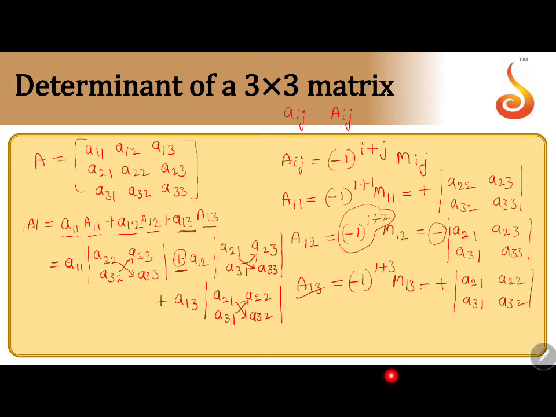In determinant of A, since we have taken first row elements, first element is getting positive sign, next we are getting minus sign, after that again positive sign. So alternate signs are coming, plus minus plus. This is for the first row. If you take second row, the signs will be changed. It depends upon i value and j value.